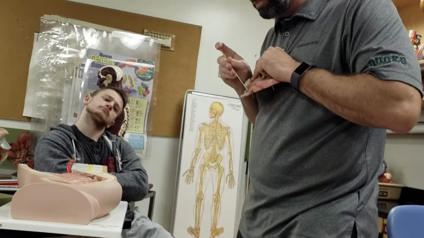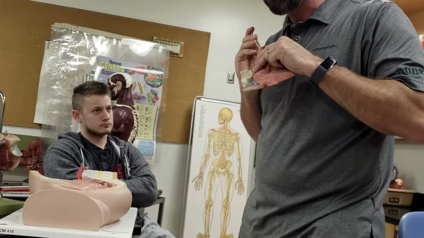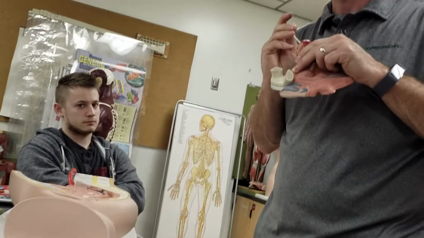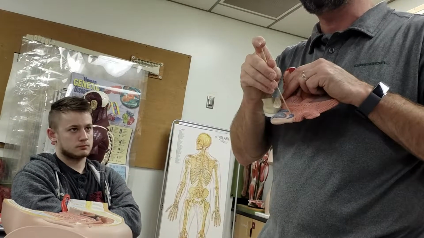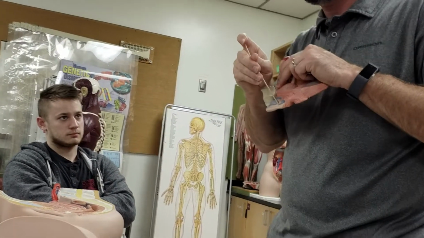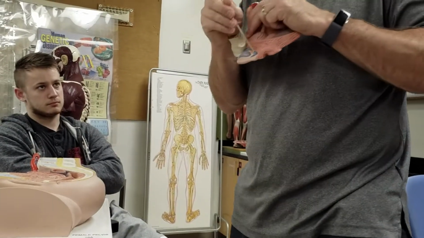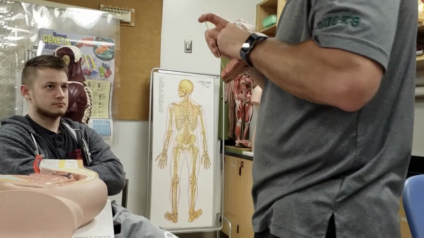And then this blue structure here with the duct. It's got a duct. Exocrine glands have ducts.